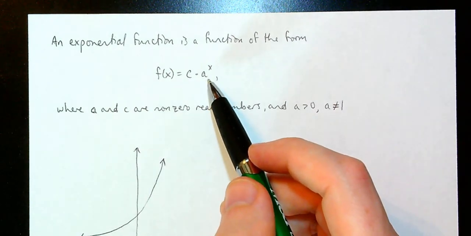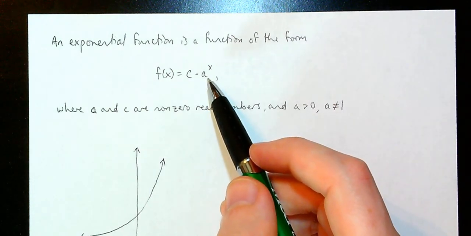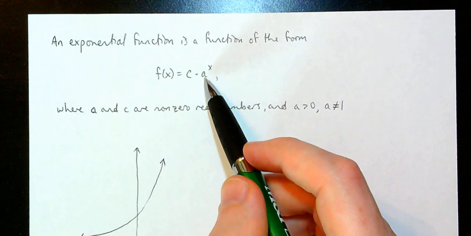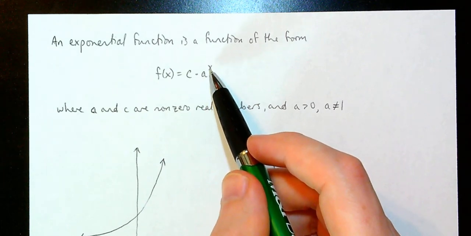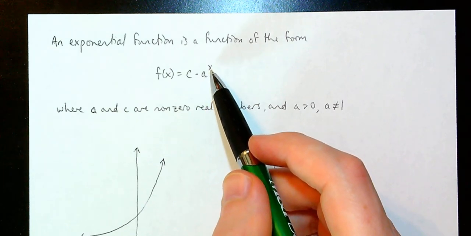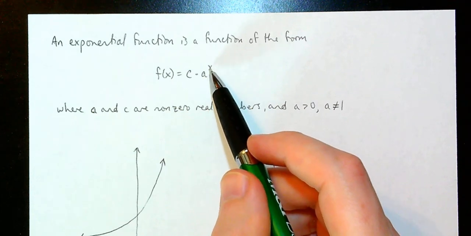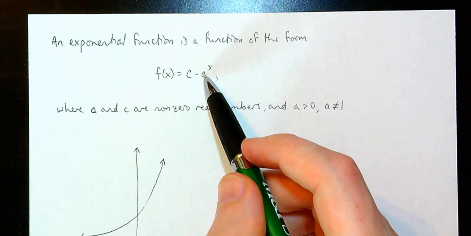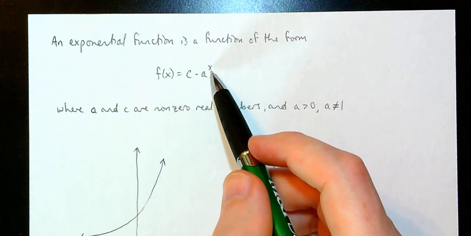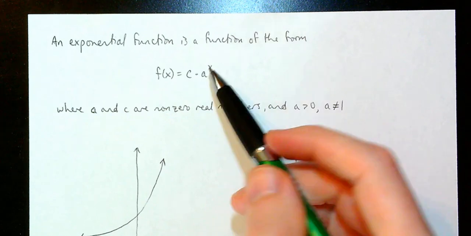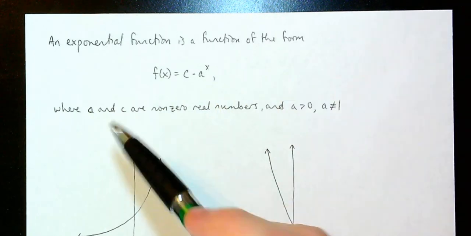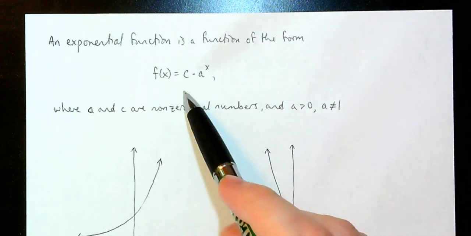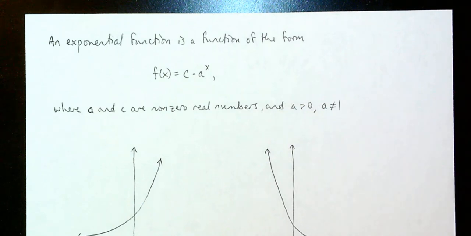So unlike any of the other functions we had seen beforehand, x is not being raised to some number power a. Now it's some number a being raised to the power x. So c times a raised to the power x.